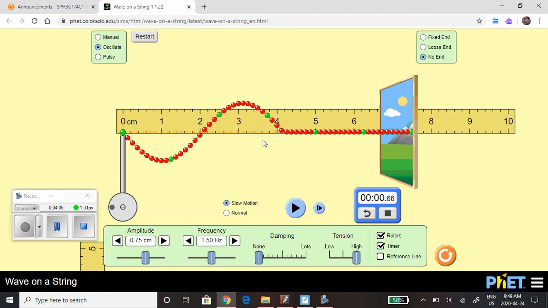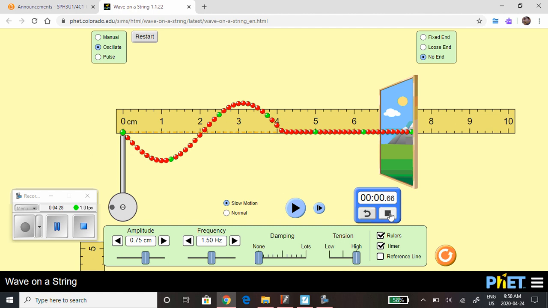But lo and behold, I know the name of this distance. This distance is the length of a complete wave, a crest and a trough. So the distance that the wave traveled is the wavelength, our friend Greek letter lambda.